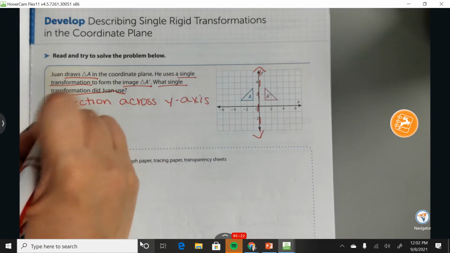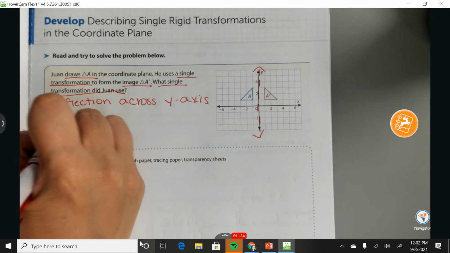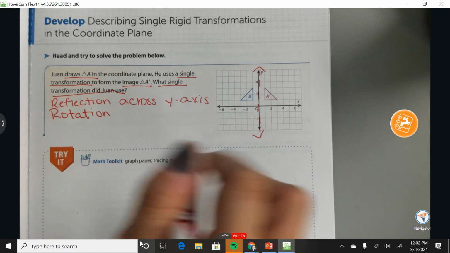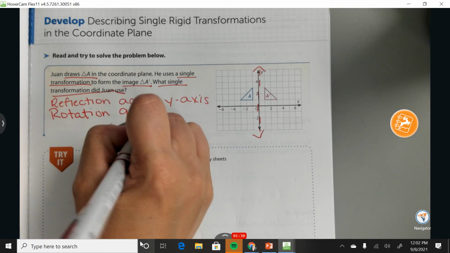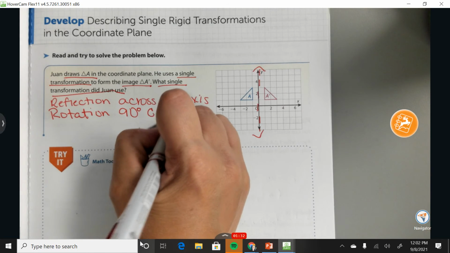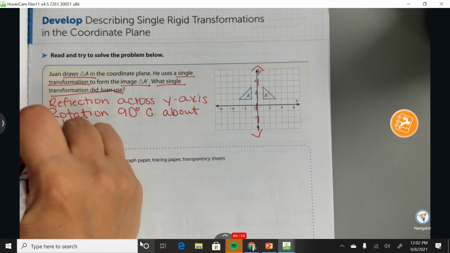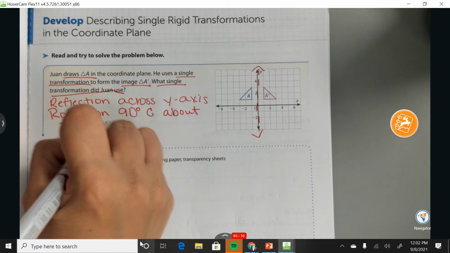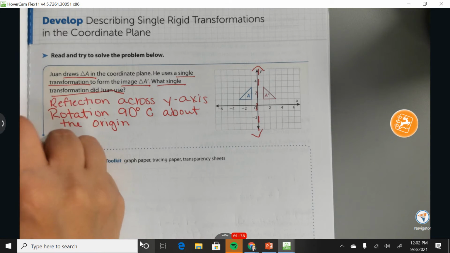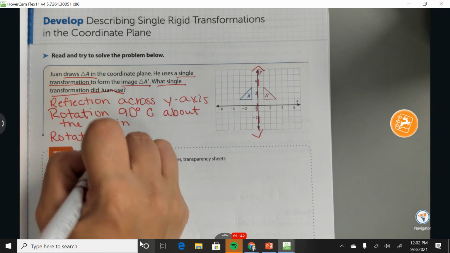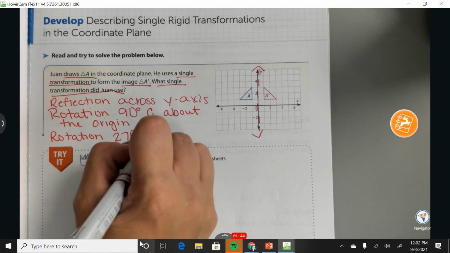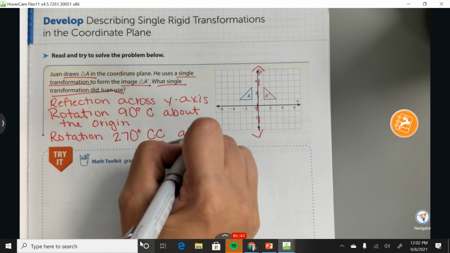We said that it could be a rotation, and we could rotate it 90 degrees clockwise about the origin. We also said that it could be a rotation of 270 degrees counterclockwise about the origin.